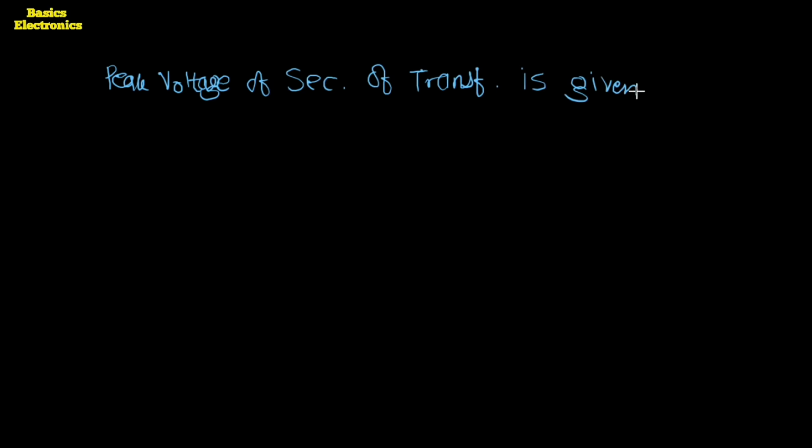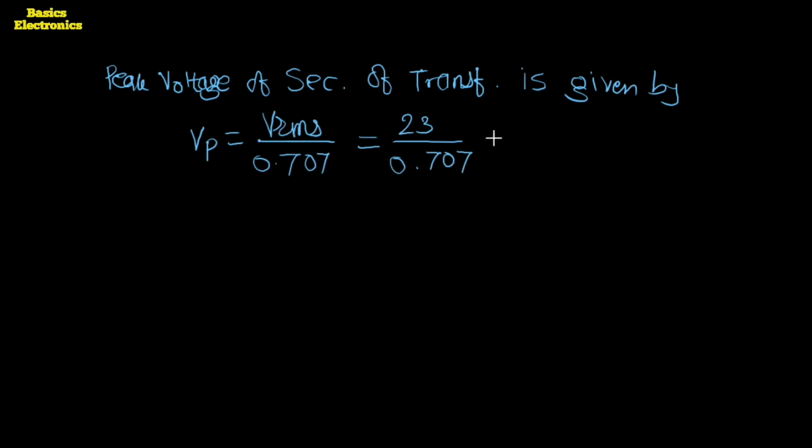So once again we write down one sentence here, and that sentence is: the peak voltage of the secondary of the transformer is given by Vp equals Vrms upon 0.707, which is equal to 23 divided by 0.707.